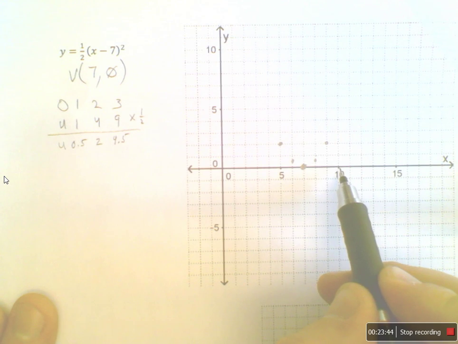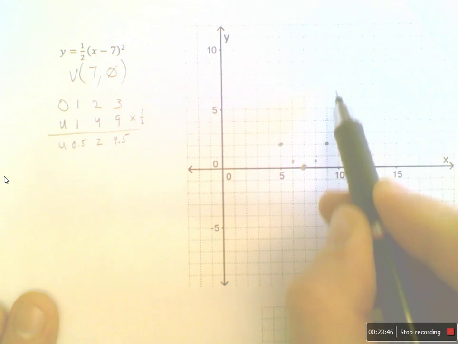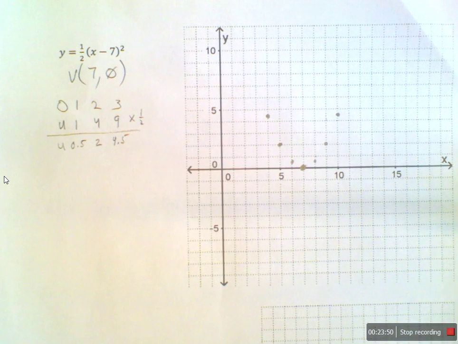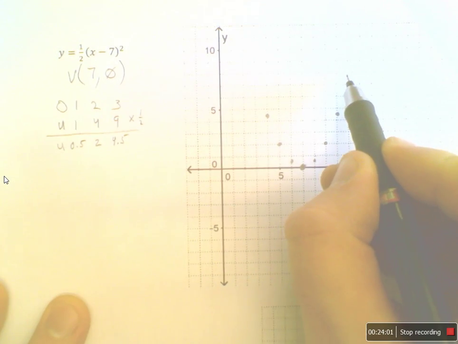Instead of going over 3 and all the way up to 9, I cut that in half, 4.5. What would be my next set of points? If I went over 4, what would the parent function go up? 16. So cut that in half, and we go up to 8.